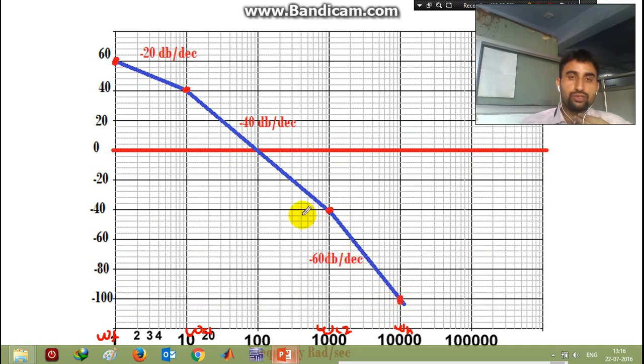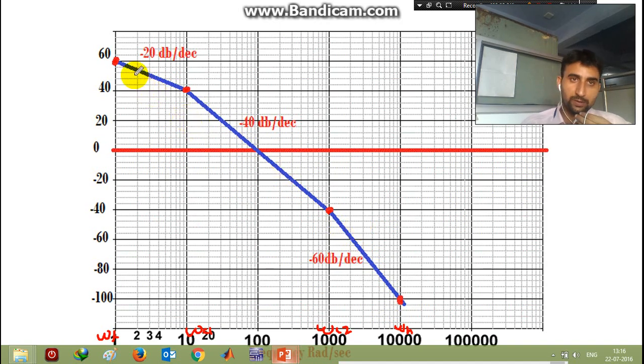And now what you have to do, you just take a scale and join these points. The first point you join from this to this, that means omega l to omega c1, again omega c1 to omega c2, and omega c2 to omega h. You will find the magnitude plot of your Bode graph, and automatically you will find that the first slope is equal to minus 20 dB per decade, the second slope is minus 40 dB per decade, and the last slope is equal to minus 60 dB per decade.